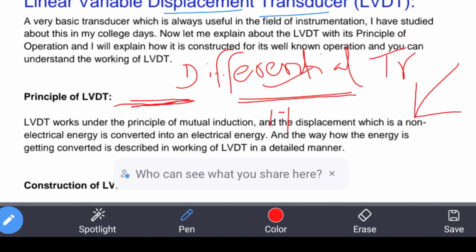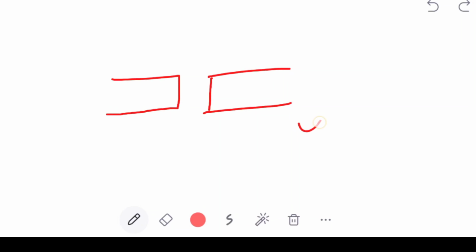Let us see example 1. In some industries, assume the textile industry, the quality of cloth and the quality of yarn is manufactured.